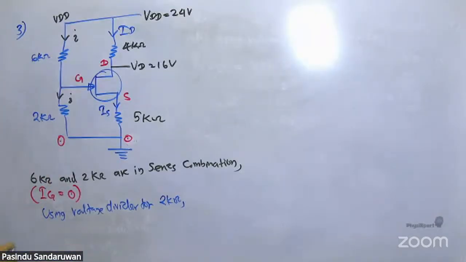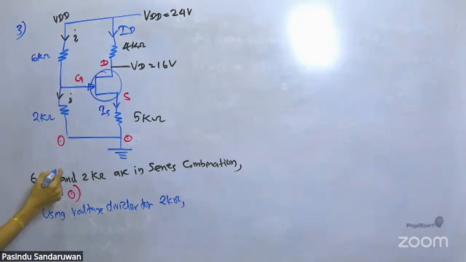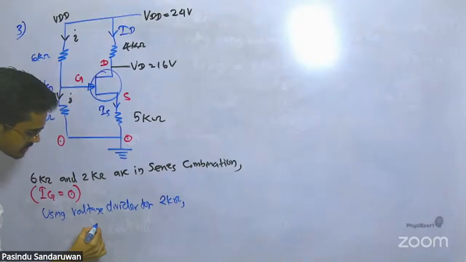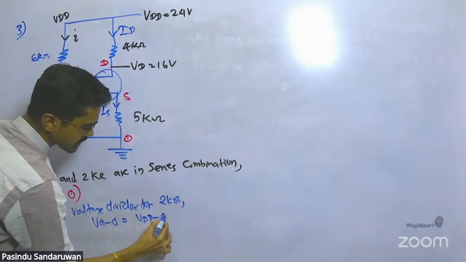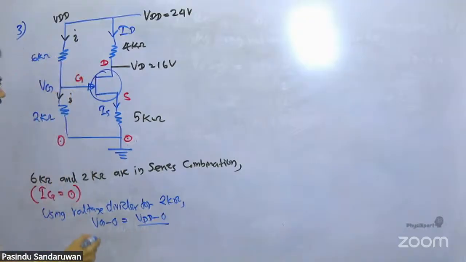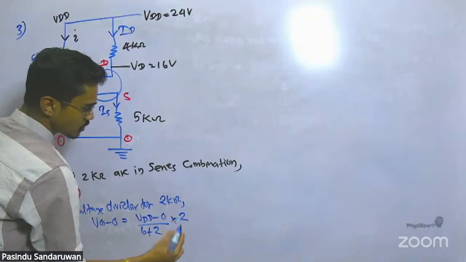Then apply: potential across this, VG minus zero, equals total VDD minus zero over the addition 6 plus 2, into 2.